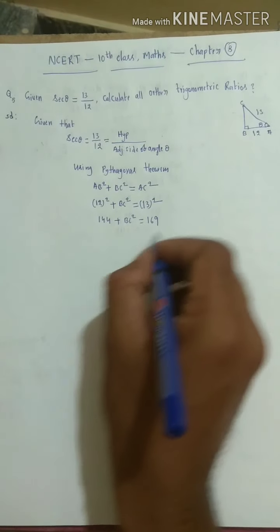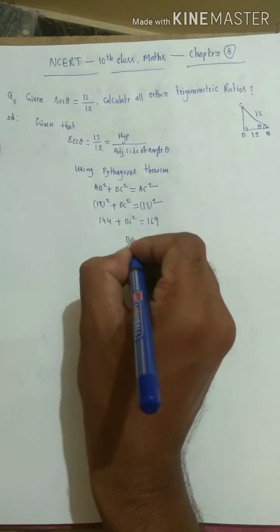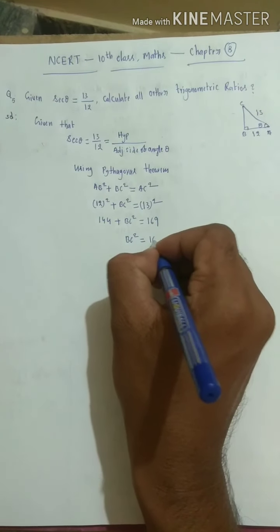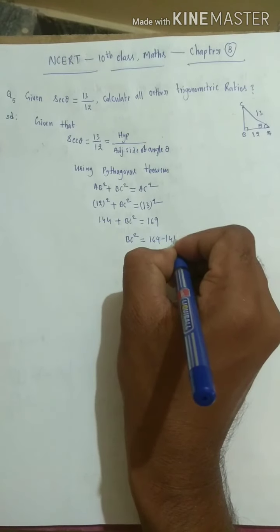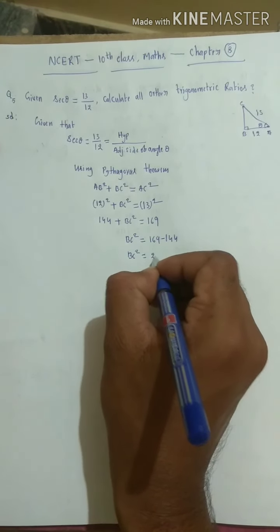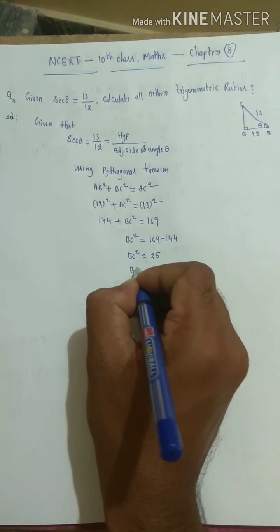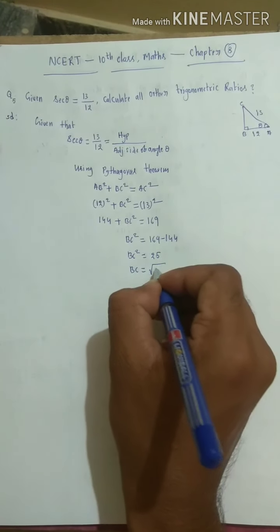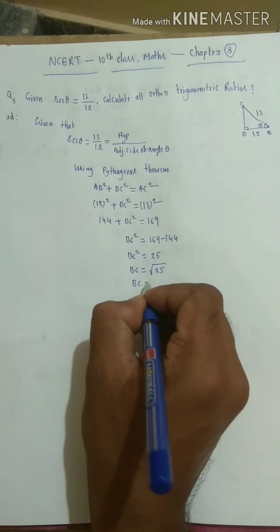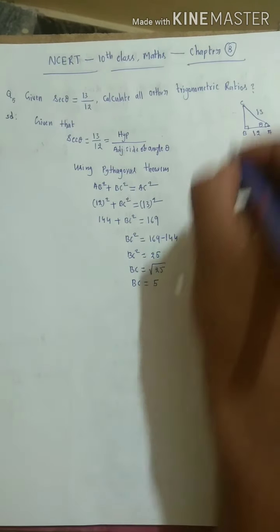The 144 comes to this side as minus 144. Finally BC square is equal to 169 minus 144. BC square is equal to 25. BC is equal to square root of 25. Square root of 25 value is 5. Here BC value is 5.